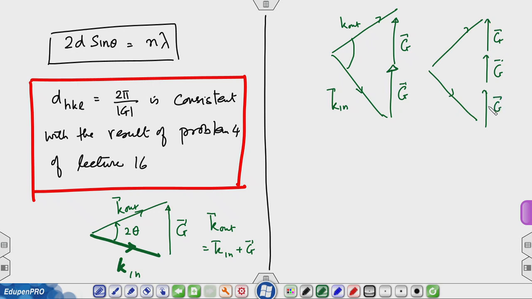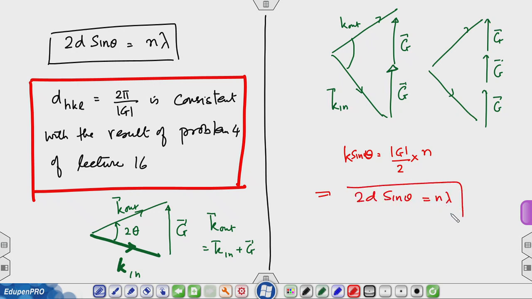So, what would that give me? That gives me k equals mod G sine theta over 2 times 1, 2, 3 or n, and that immediately gives me 2 d sine theta equals n lambda, and that is Bragg condition.